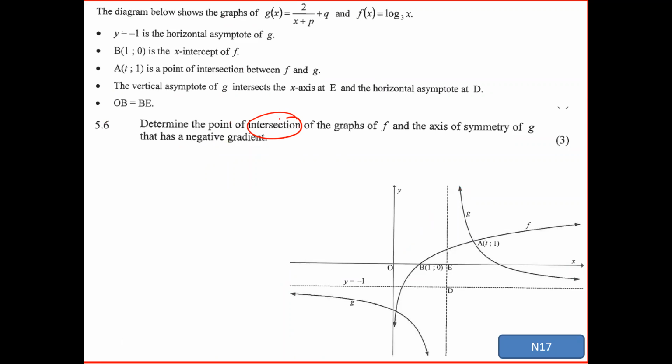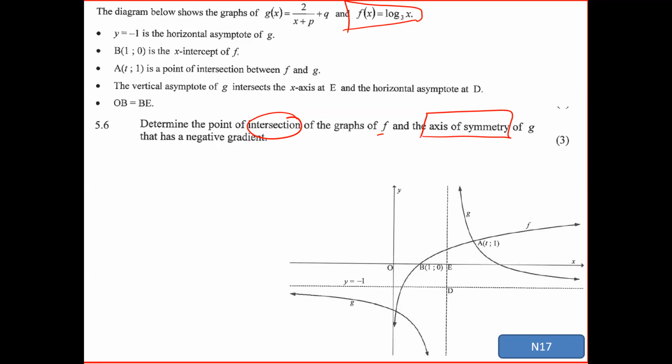Determine the point of intersection of the graphs of F. All right, there's our F. And the axis of symmetry of G. So we need to know what is the axis of symmetry of G.